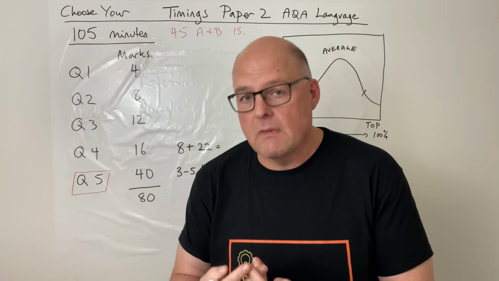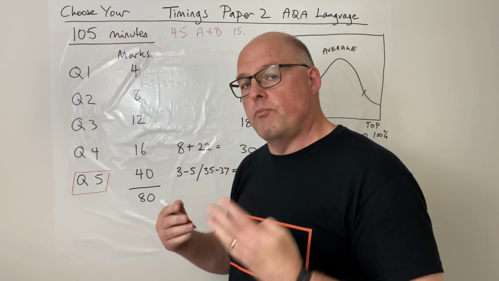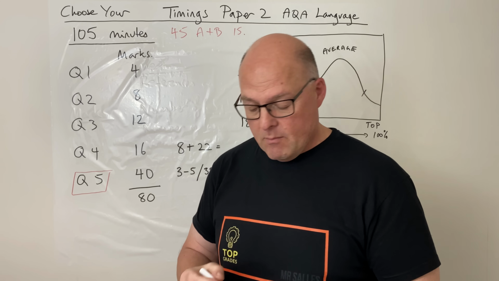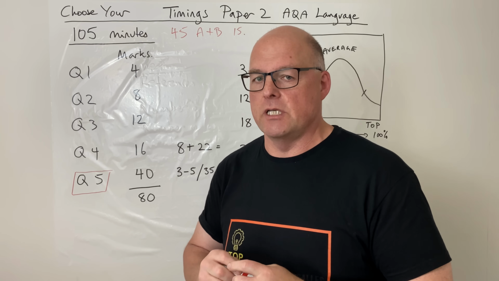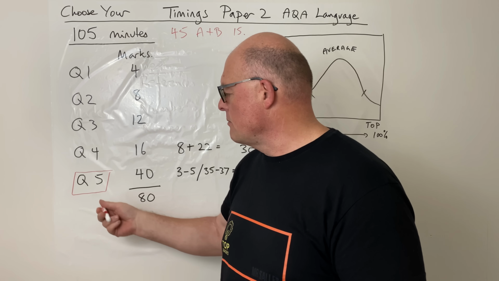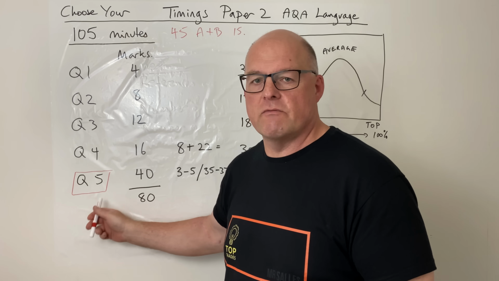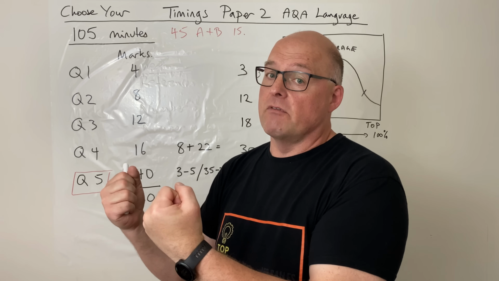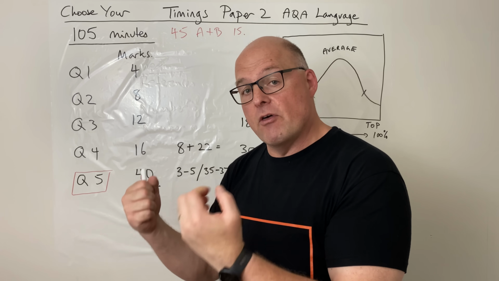You don't have to. If your mocks worked brilliantly, whatever you did in your mocks, you keep doing. But if you didn't get the marks that you wanted in your mocks, then my advice should be useful to you. So my top tip there, do question 5 first, because then you've got 40 marks, 50% of the marks in the exam in the bag.